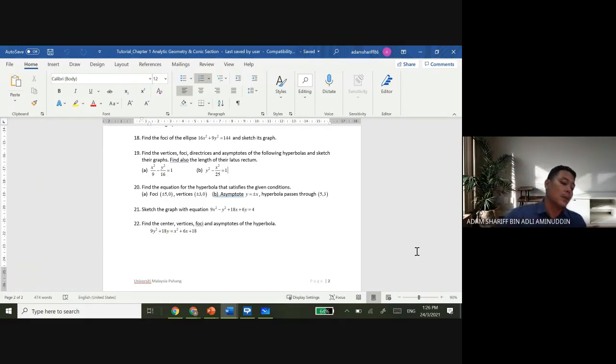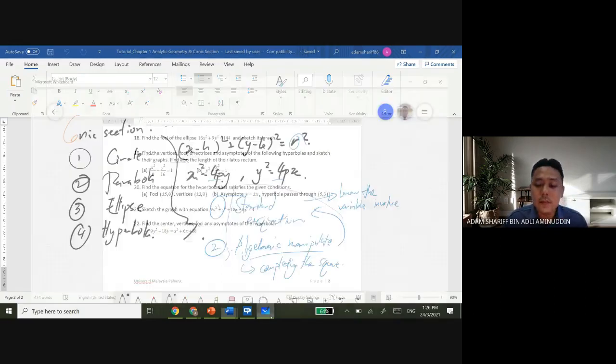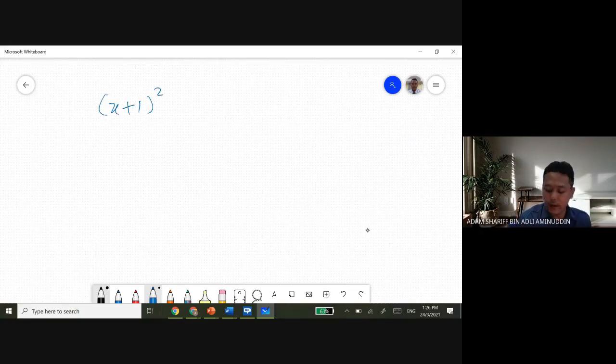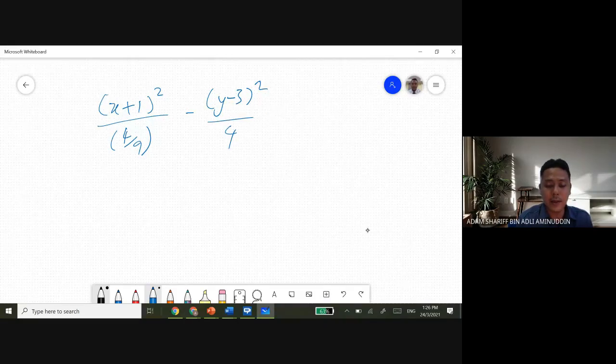Okay, for 21, this is what I get. Double check with me, just in case. (x plus 1) squared over 4 over 9 minus (y minus 3) squared over 4 equals 1.